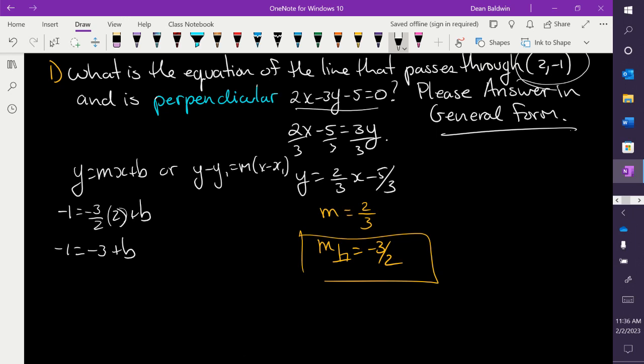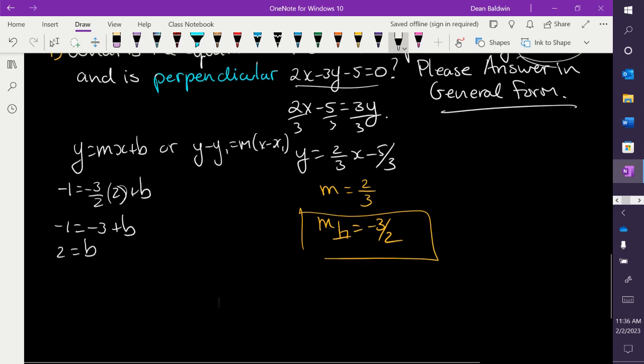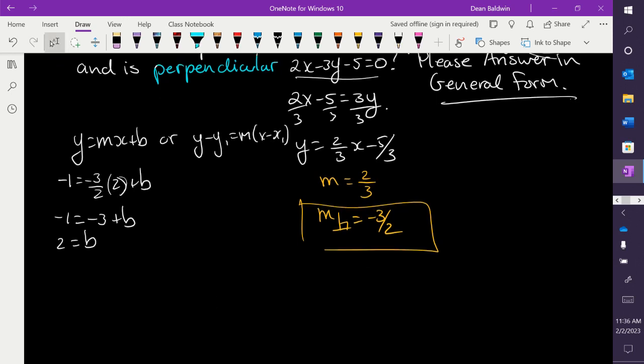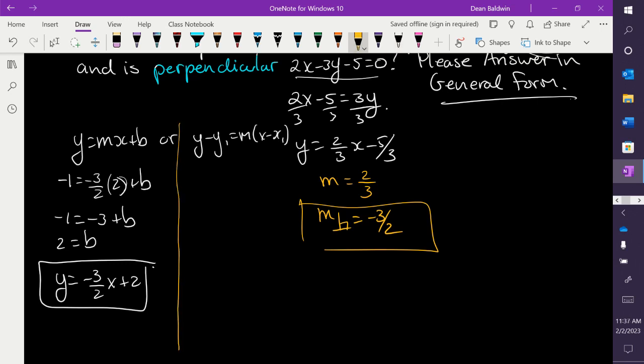Move the 3 over. What's 3 minus 1? 2? Is that right? Did I do that math right? So our b value is 2. So therefore, the equation of the line is y equals -3/2 x plus 2. Yes?